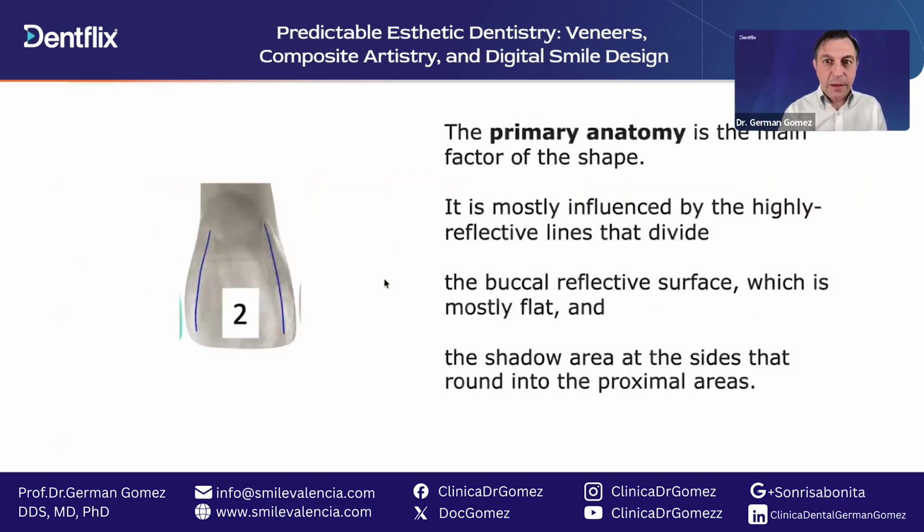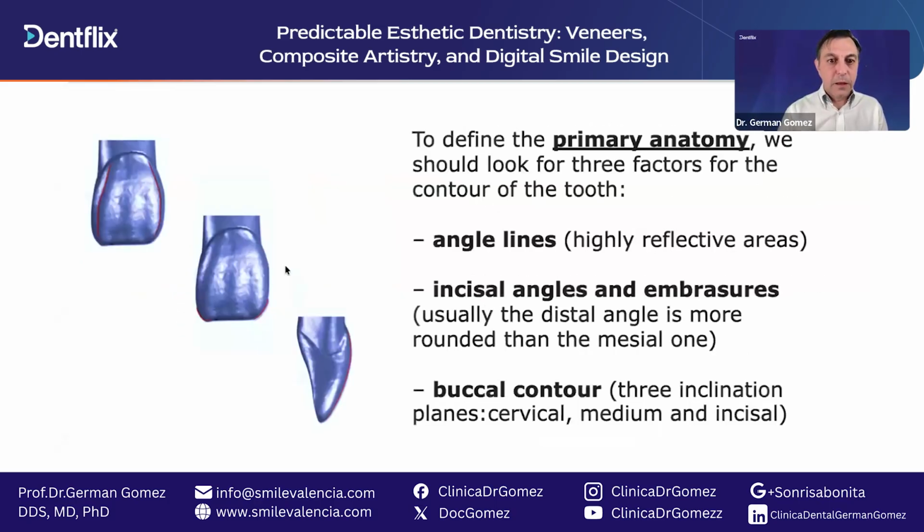Okay, very fast. Primary anatomy, I already said it. These lines divide the shadow area from the reflective area into the shadow area again. Then inside of the primary anatomy, we have these angle lines. We have these embrasures that we also have in the primary anatomy.